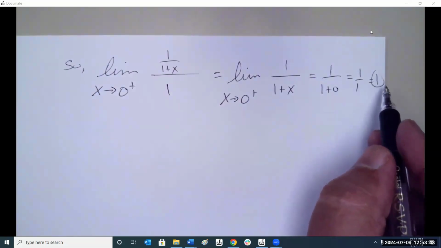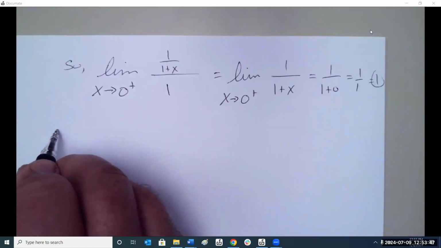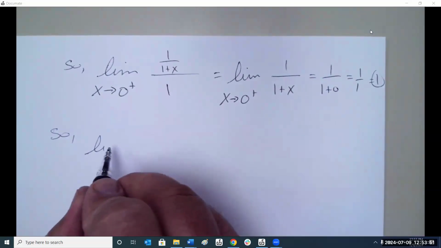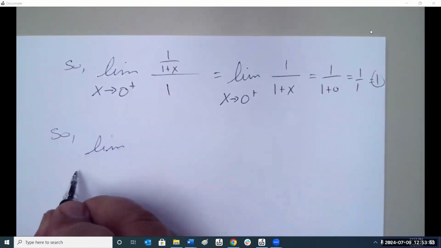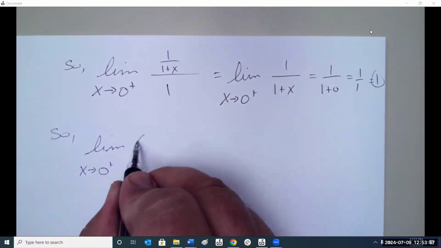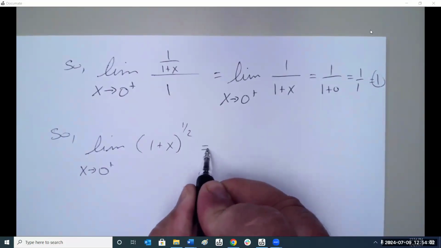So if that's the limit, remember, what we're looking for originally was to show this, 1 plus x.